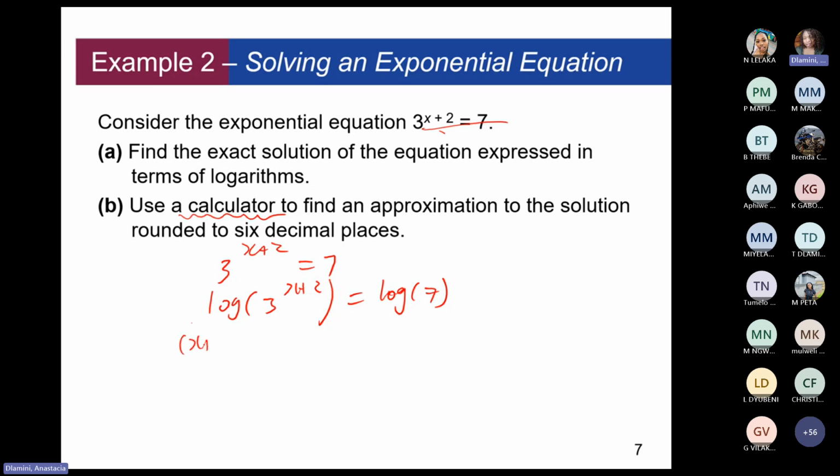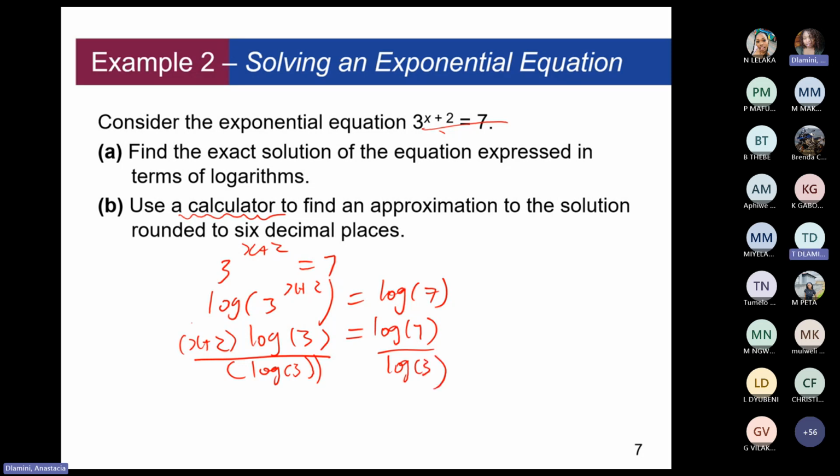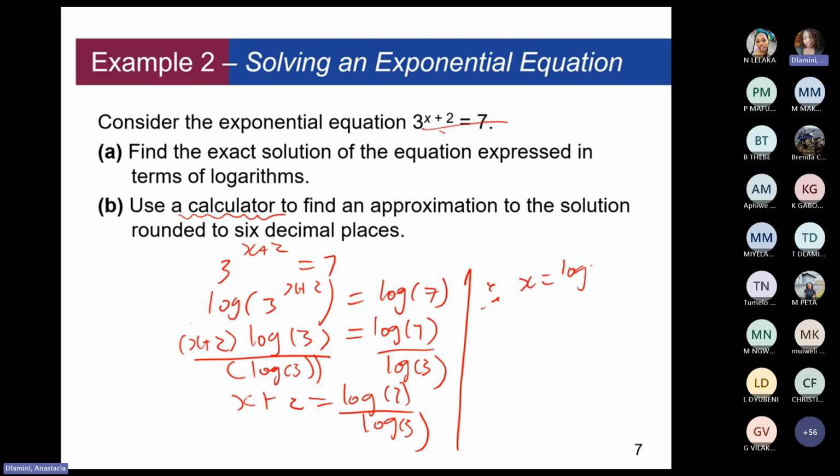So this is x plus 2 times log of 3 equals log of 7. Then we divide by log of 3 on both sides. So x plus 2 is equal to log of 7 over log of 3. Therefore, x is equal to log of 7 over log of 3 minus 2.